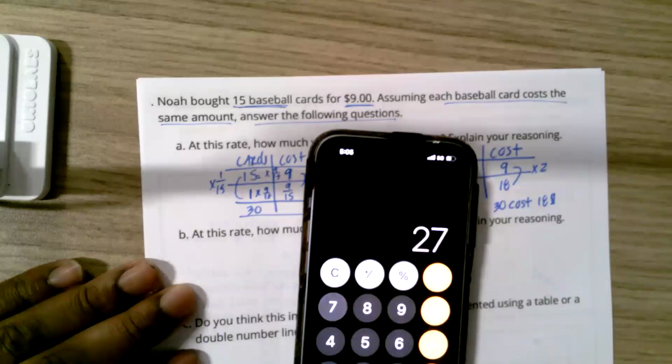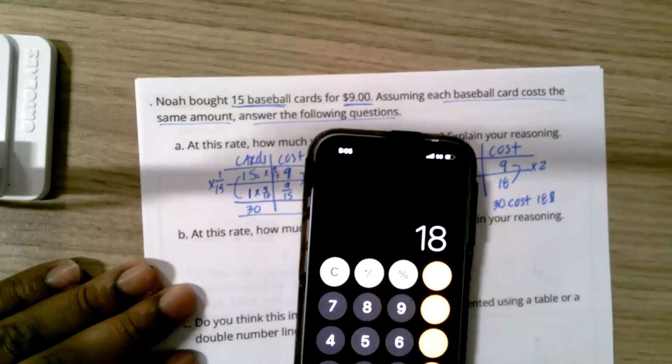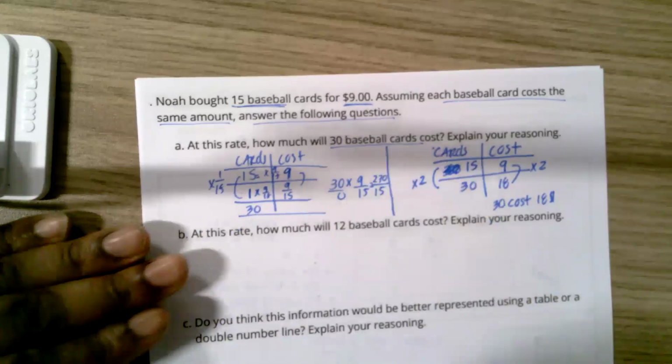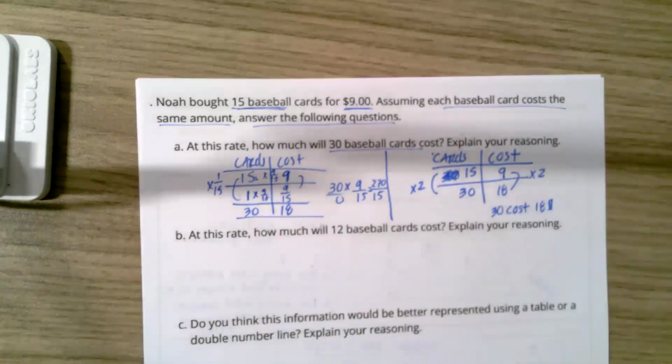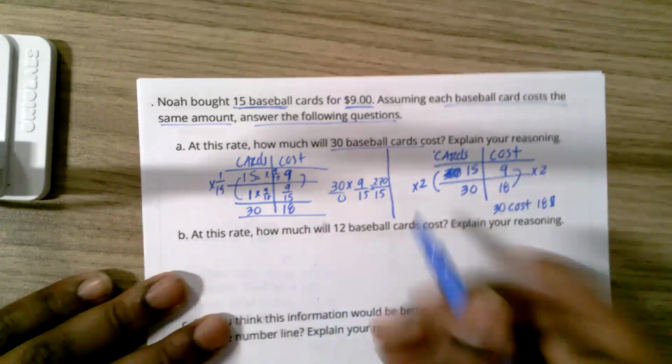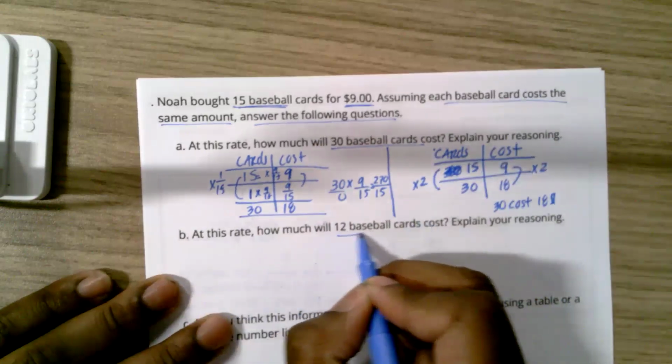And 270 divided by 15 is 18. At this rate, how much would 12 baseball cards cost?